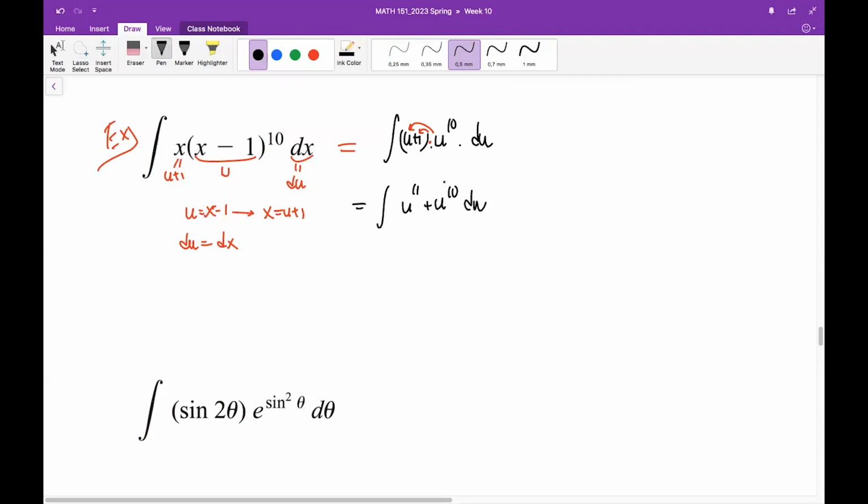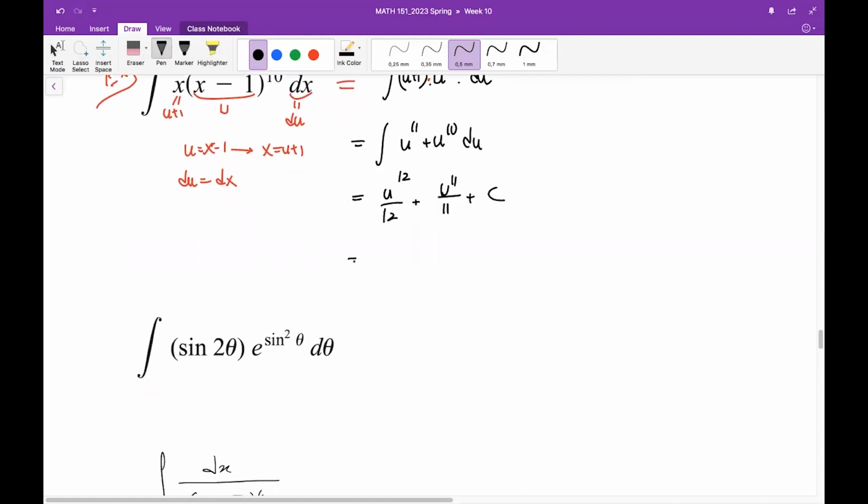Now, time to integrate the power functions, add 1 to the power, divide by the same power. Add 1 to the power, divide. Plus arbitrary constant c as it is an indefinite integral. Then final step will be back substitution. We turn back to our original variable x. U was chosen as x minus 1. Okay, this is your final result depending on x. Any questions about the solution?